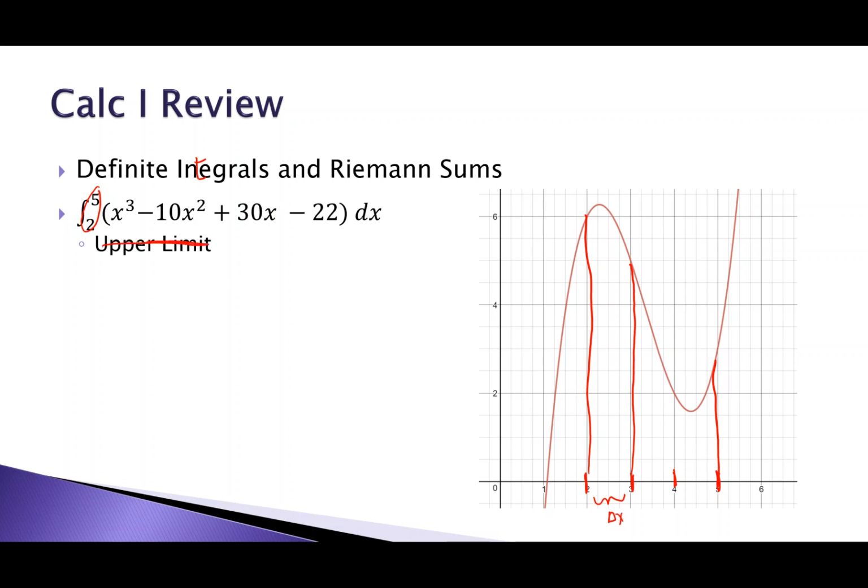And I will make a left-hand sum. So in each rectangle, I will take the left-hand point of the rectangle and see where it touches the function. And that area is an estimate of what's underneath the function right there.